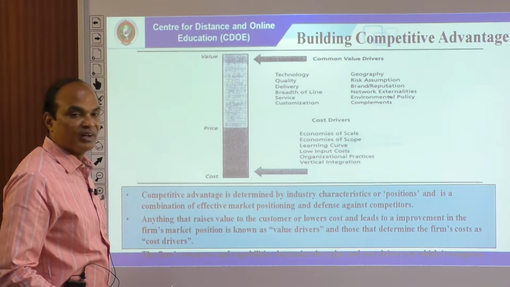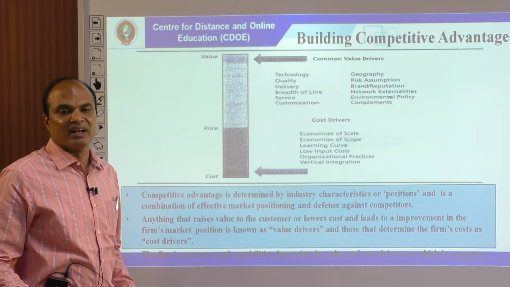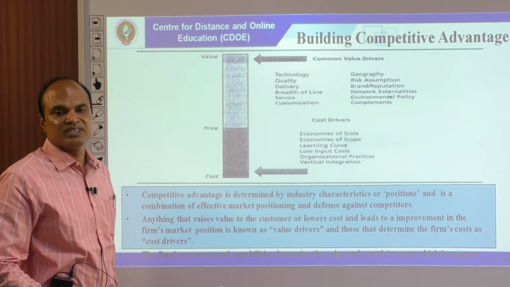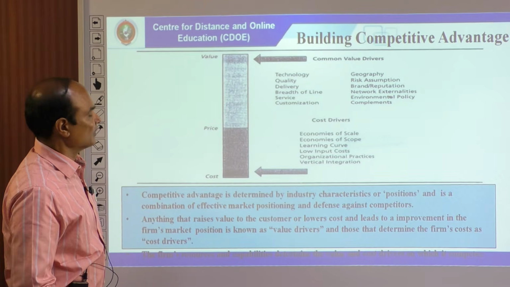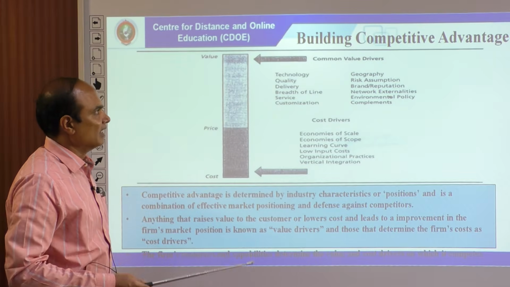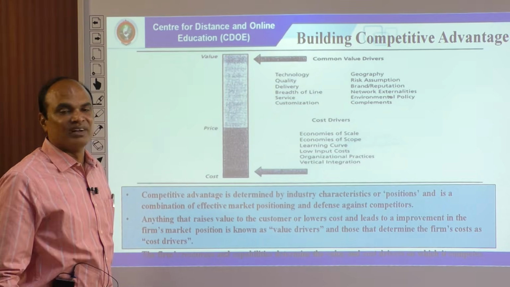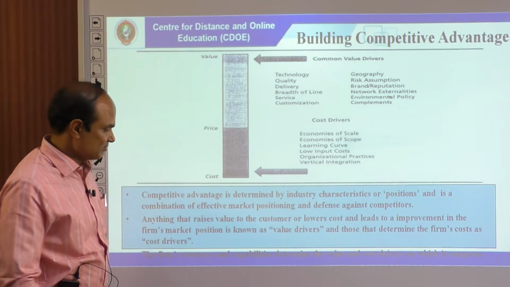The firm's resources and capabilities determine the value and the cost drivers on which it competes. Based on these value and cost drivers, the companies are going to build competitive advantage.